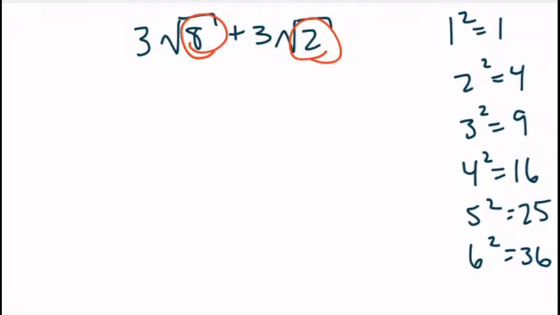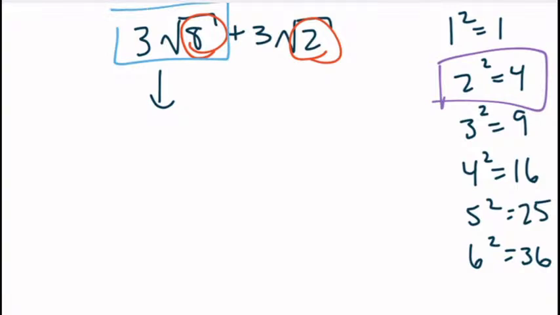And 8 is divisible by 4 because 4 times 2 is 8. And we're going to apply our knowledge that we learned last lesson of simplifying radicals that are divisible by perfect squares to this problem.